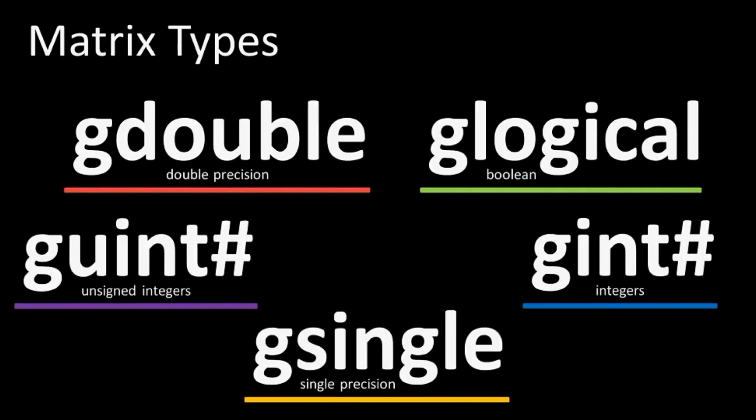Here are the matrix types that are supported in Jacket: the G-double for double precision, G-uint, and then it could be uint8, uint32, and so forth, for integers, single precision, signed integers, as well as booleans are all supported.